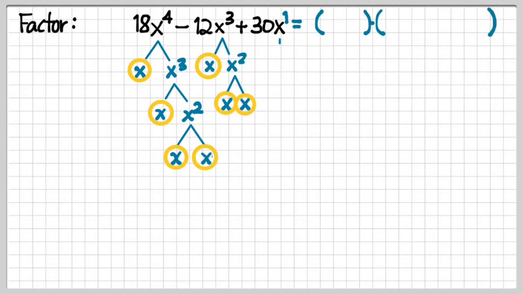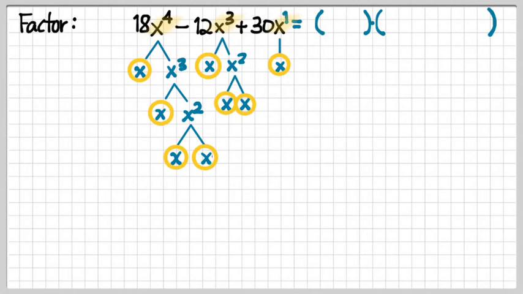And then I have x to the 1st power, which we actually can't break apart at all. So it's just a single power of x. So now my question is, among all 3 of these powers of x that are represented in our polynomial, what do all 3 of them have in common in their factorizations? What's the most that the 3 of them have in common?